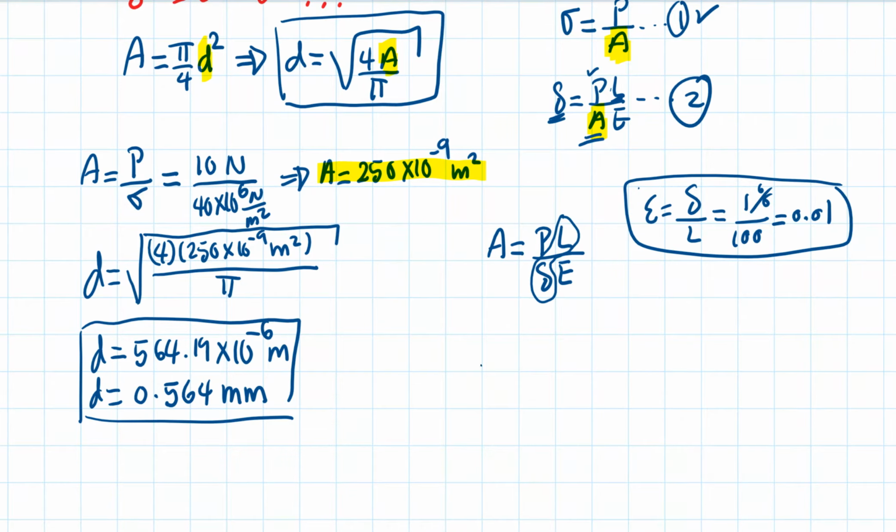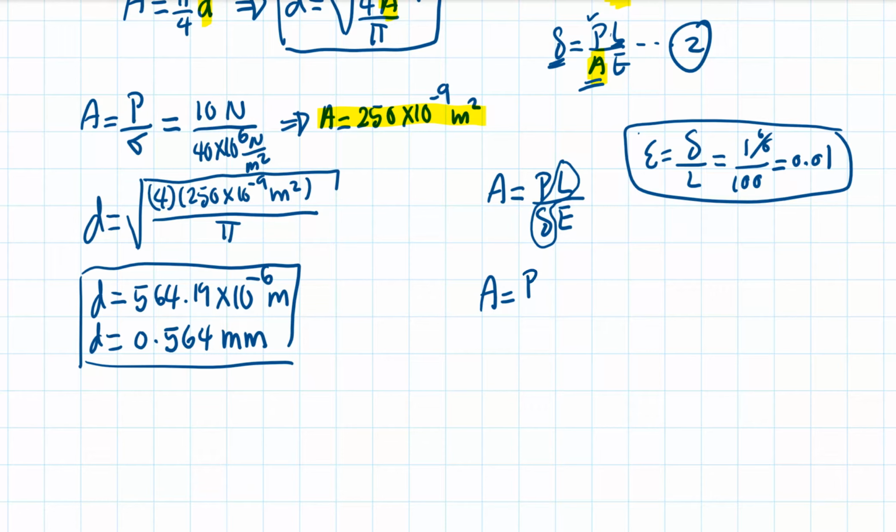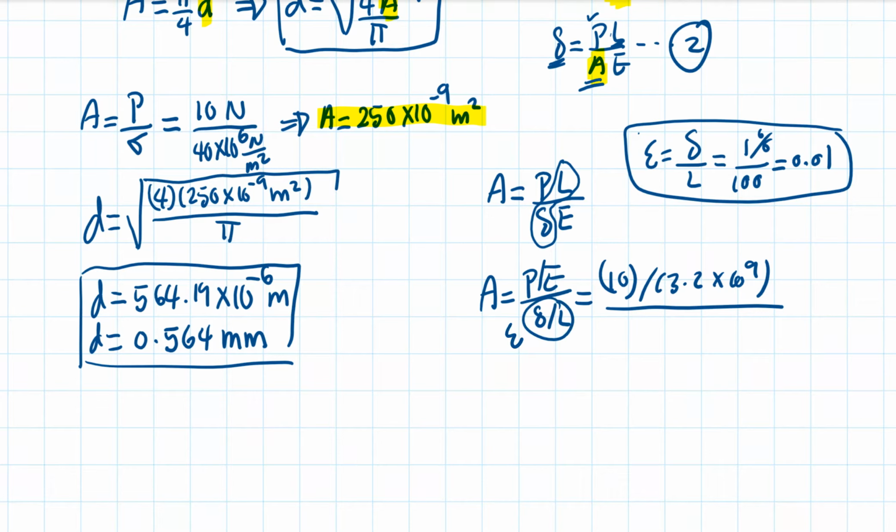So here we can rewrite this equation in this way: P times E over the stress over the deformation over L. So the given load is 10, divided by the strain, which is 3.2 times 10 to the power 9, divided by this value right here, which is the strain, 0.01.